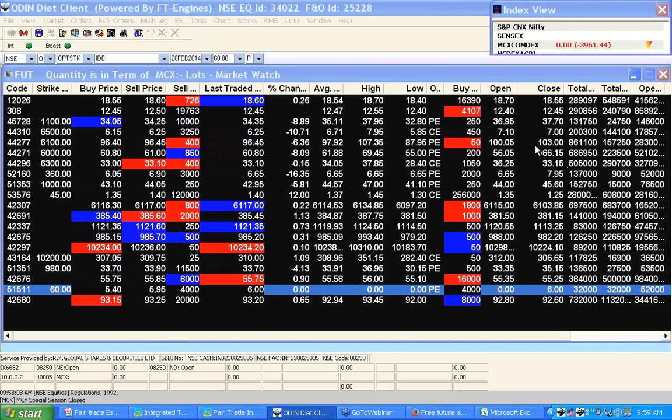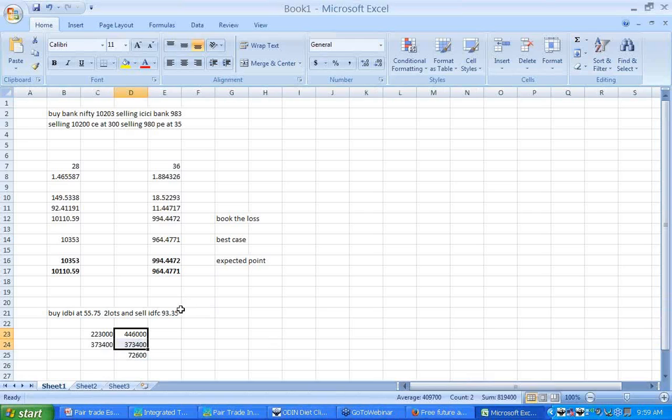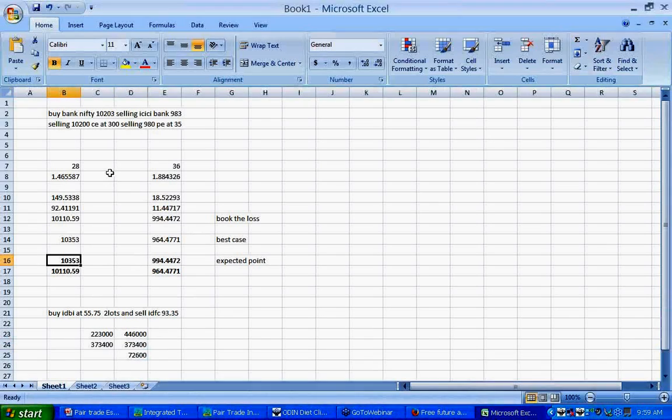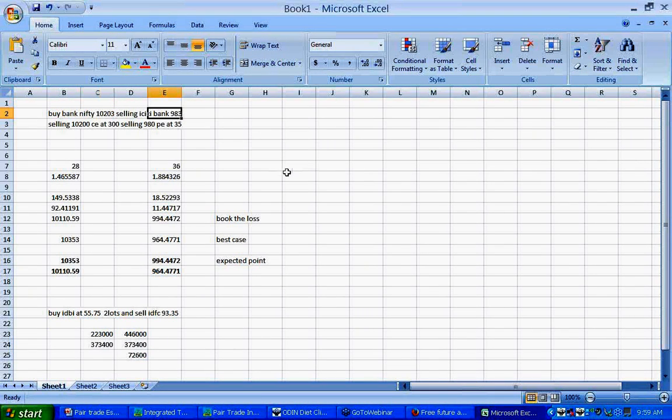So 2 trades I have recommended for you in this option hedging. Number 1, for intraday we are buying Bank Nifty, which we have bought at 10,203, sold ICICI Bank at 983, along with which we sold 10,200 call option and 980 put option at 35 and 300 respectively. This is for intraday.